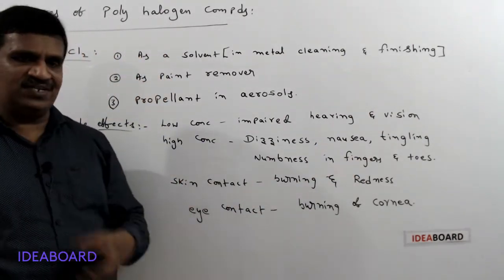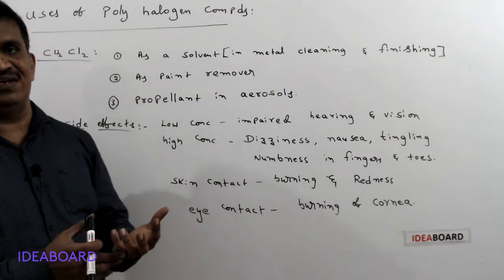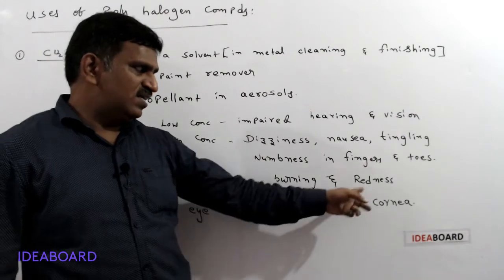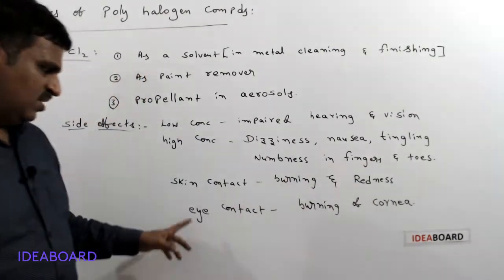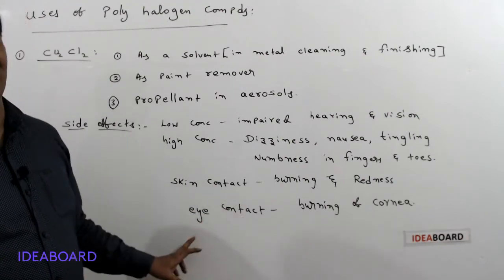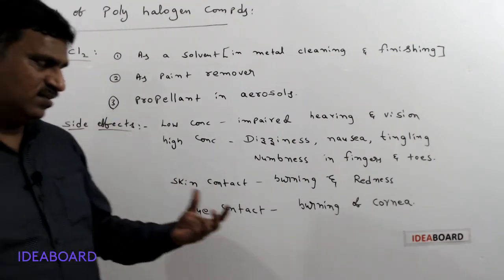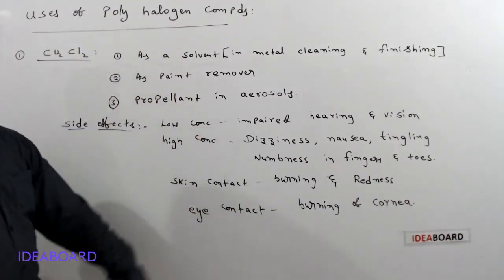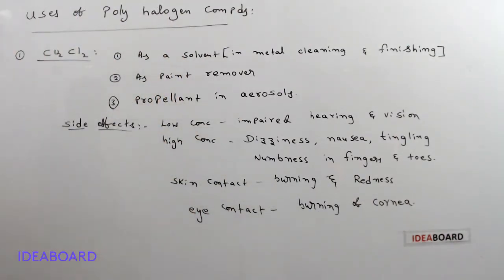Skin contact: if it is in direct contact with skin in high concentration, then a burning sensation and redness of skin is observed. And eye contact: if methylene chloride directly contacts the eye, burning of the cornea may occur, which leads to loss of vision. That is about methylene chloride.